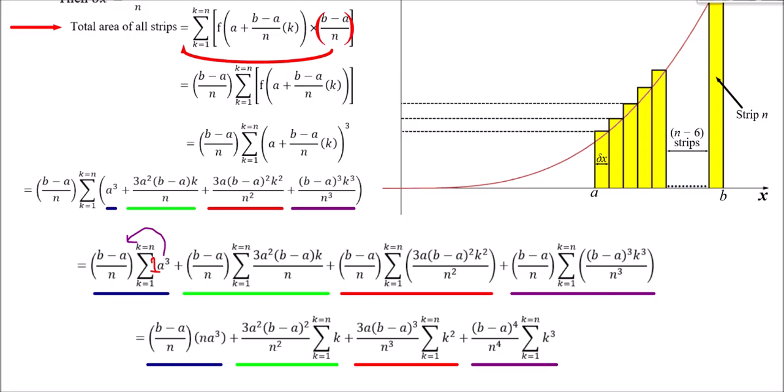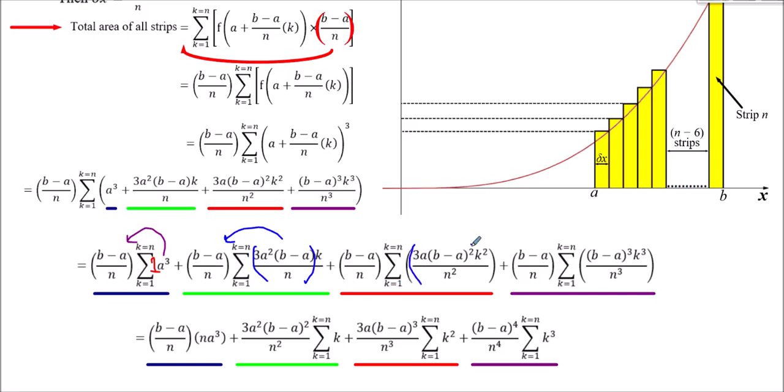What I've done with the others is the other bits which are constants with these, I've just moved to the outside too. So for this one, from k being 1 up to n, I've just moved the 3a squared b minus a over n to the outside, because all that will be a constant. Similar over here, I've moved everything apart from the k, which is varying from 1 up to n.